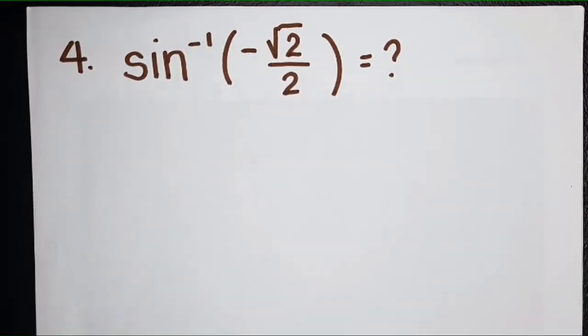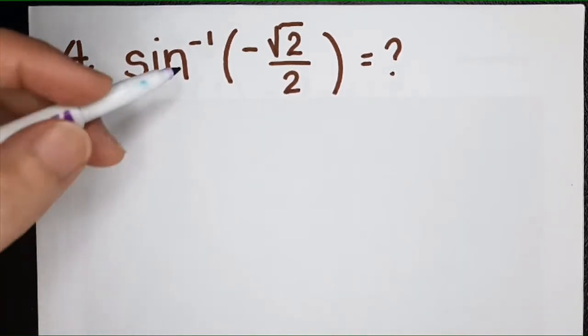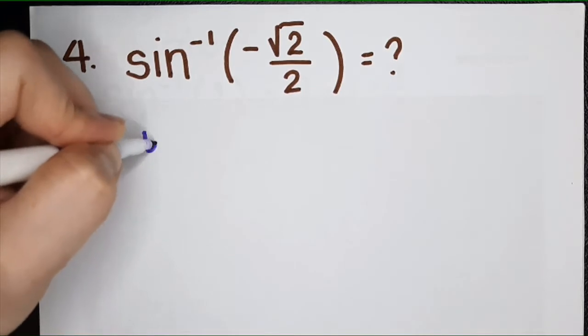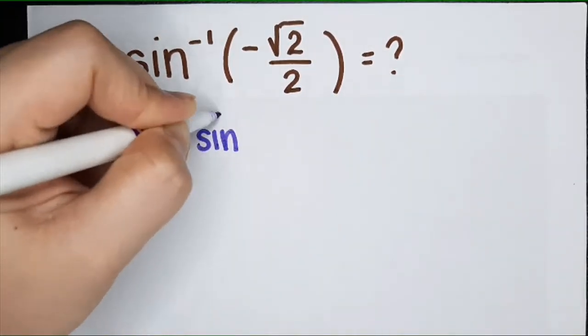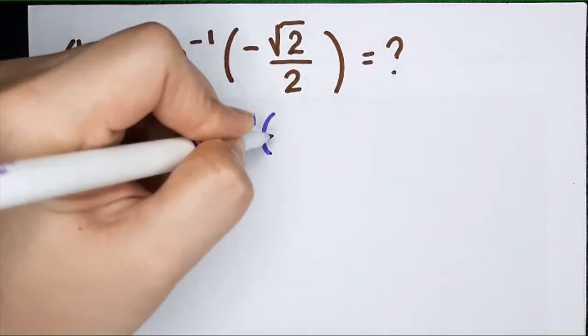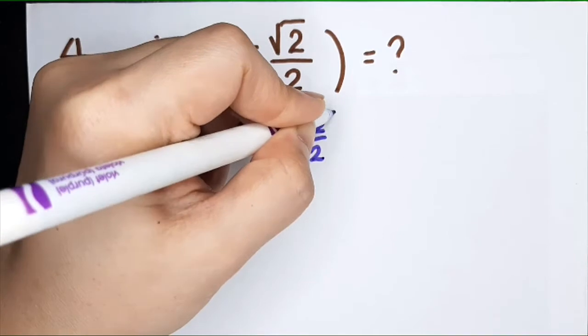Okay, so let's have another example. Let's now get the sine inverse of negative square root of 2 over 2. Okay, so again, you write it as y equals sine inverse of negative square root of 2 over 2.